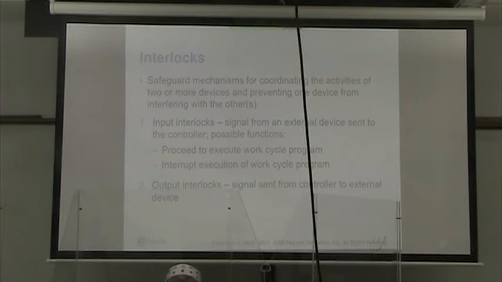So you have input interlocks, where a signal from an external device sent to the controller possibly says proceed to execute the work cycle program or to interrupt the execution of the work cycle program. And you have output interlocks where a signal is sent from the controller to an external device.